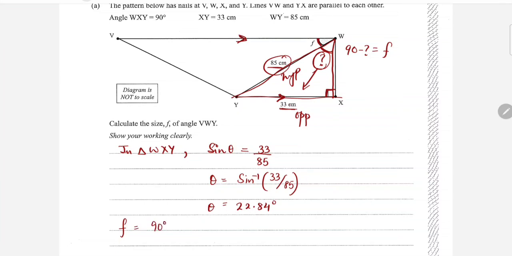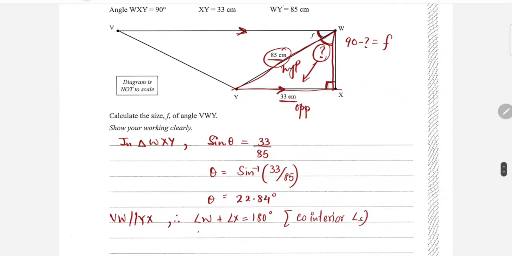Once we have got that, we can say F is equal to 90 minus theta. But how is that 90? Because they haven't given us that it's 90. So now we can say that VW is parallel to YX. Therefore, angle W plus angle X is equal to 180 degrees because they are co-interior angles.